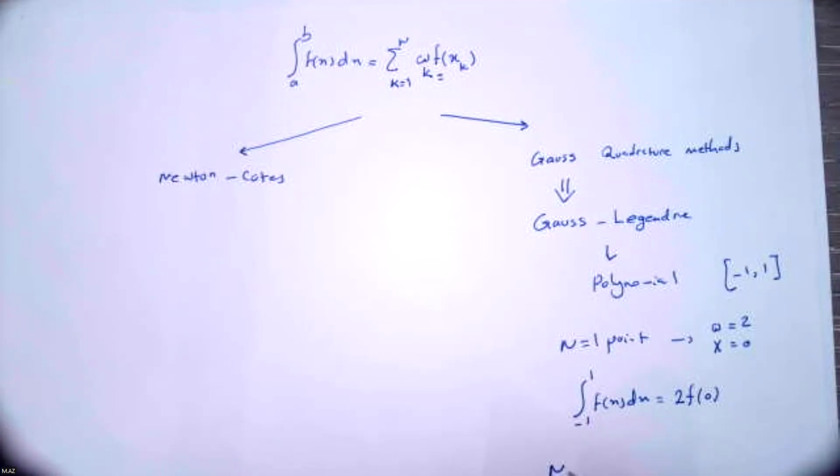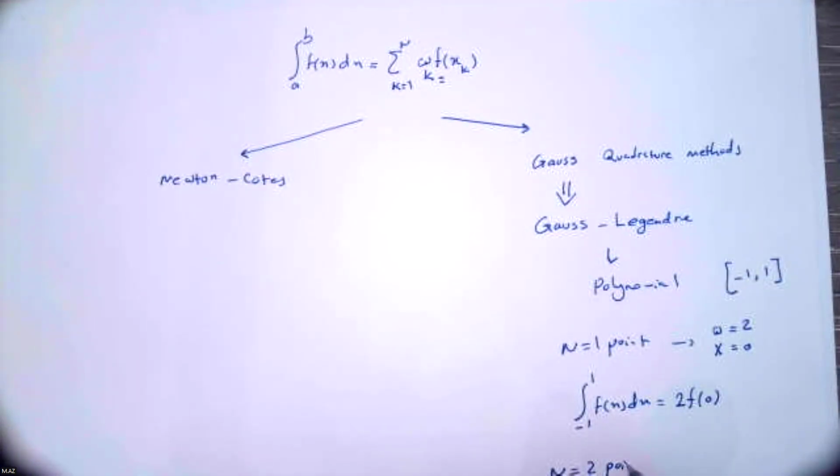For 2 points of the Gauss-Legendre rules, we can find the integral of polynomial functions with order 3 and below exactly.